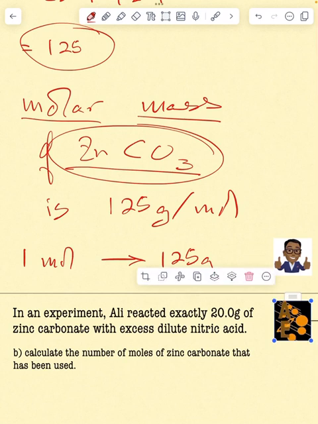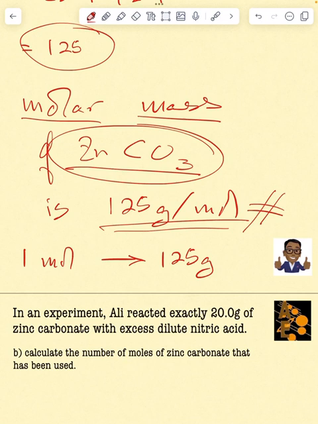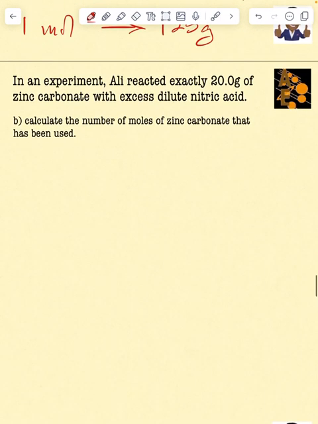That's all. Simple. Now the next one is, they said in an experiment, they reacted 20 gram of zinc carbonate with excess dilute nitric acid. We are required to find the number of moles of zinc carbonate that has been used. So for this question it is good that we write down the chemical equation.